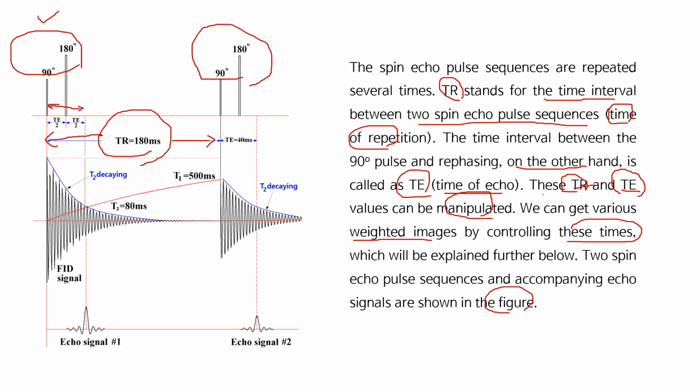The interval between two pulse sequences is TR, time of repetition, and TE after the 90-degree pulse is turned off, we have the echo signal.